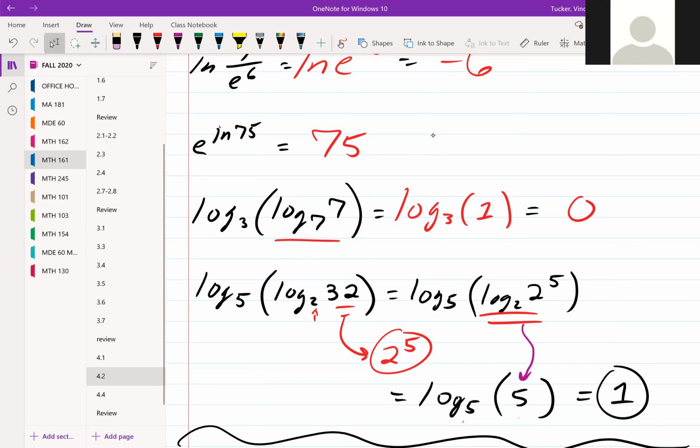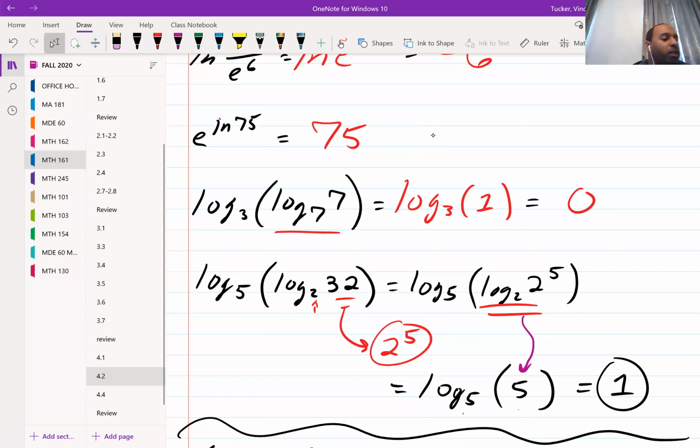Yep, not a problem. So that is it for 4.2. The thing now for you guys is to try this stuff out and see if you get stuck and see if you have any problems with the relationships and the reducing and manipulation of the problems. And then we can go from there. Any questions before we close out? Everybody good with 4.1 and 4.2?